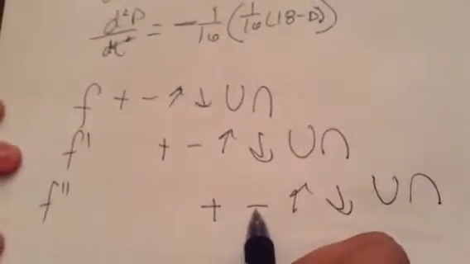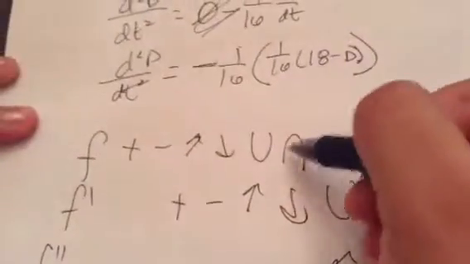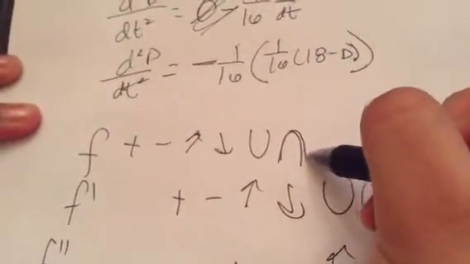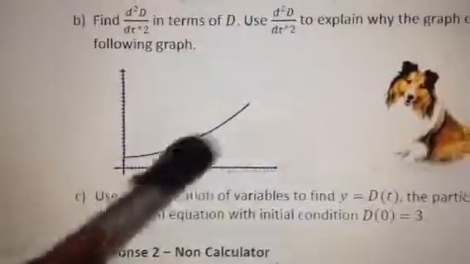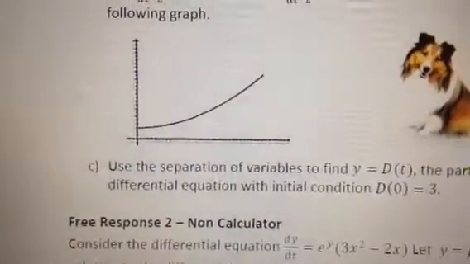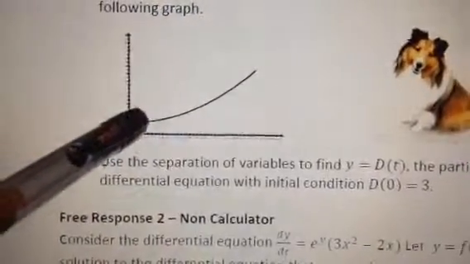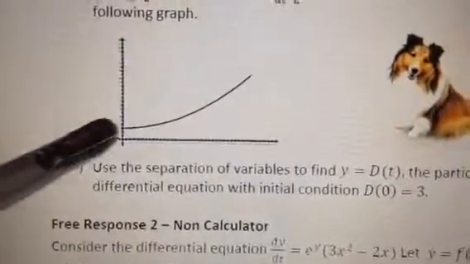And so if we look down here, when the second derivative is negative, the original function is going to be concave down. And if we look at the graph that we are given, this graph is concave up. And so the graph of d cannot be this graph because as long as the second derivative is negative, the original function, or the graph of d, is going to be concave down.